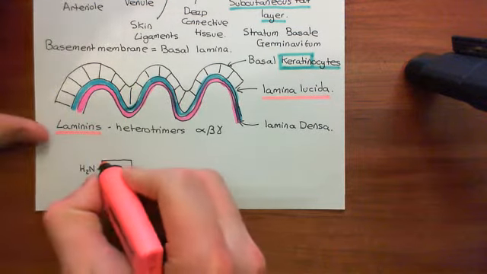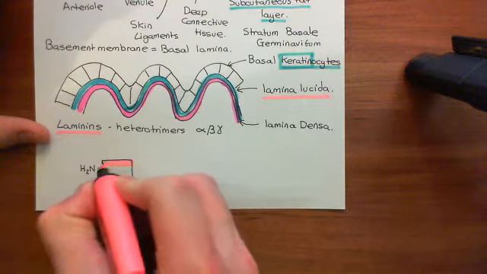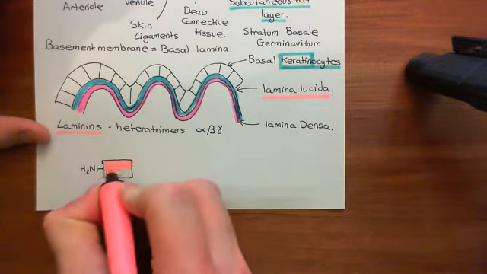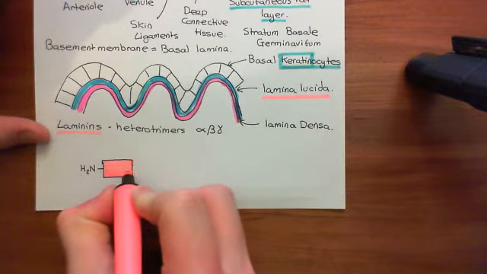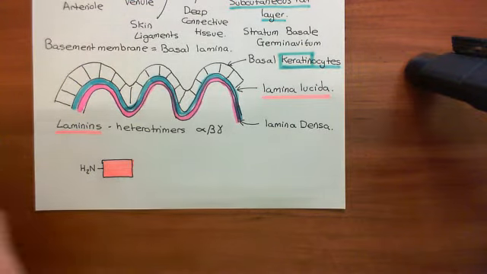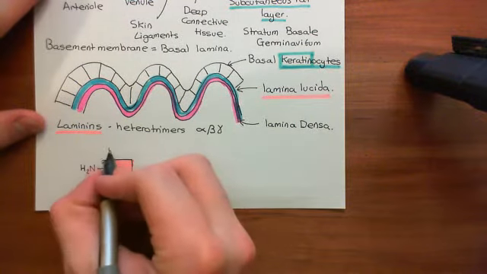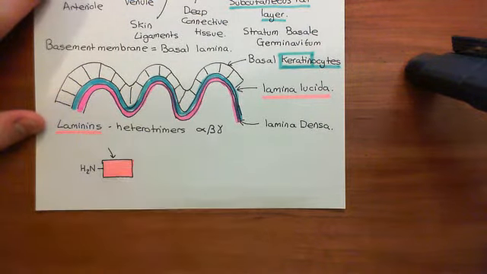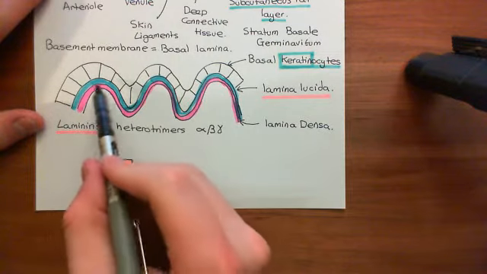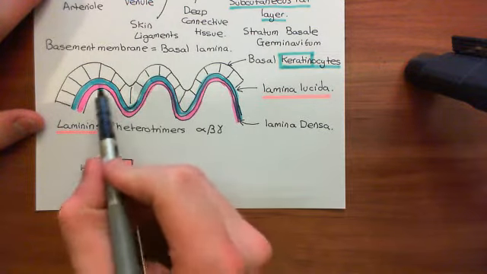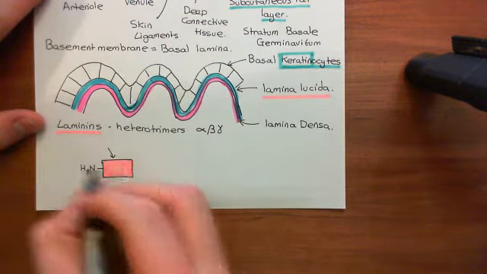An important domain that it has at its amino terminus is known as the laminin N-terminal domain. Now, this domain is going to become extremely important in a moment. This is actually going to be involved in the polymerization of these laminin proteins, and this polymerization is going to be very important for the structure of the lamina lucida.